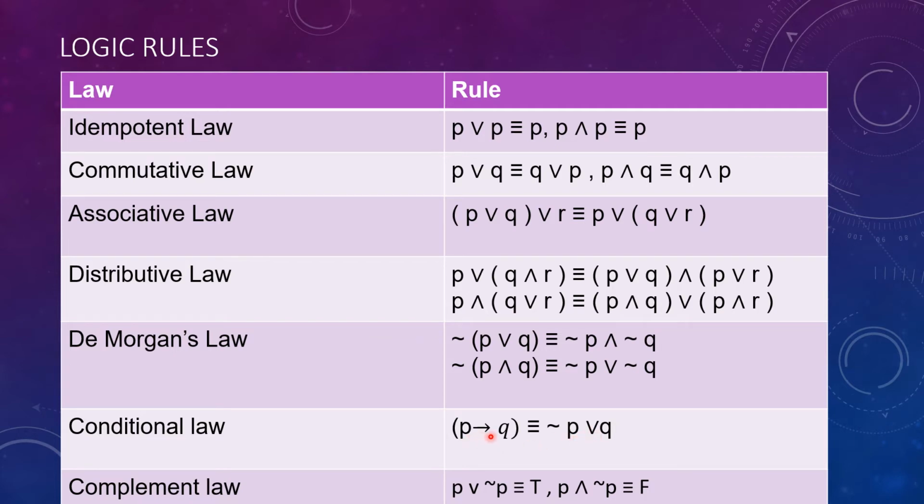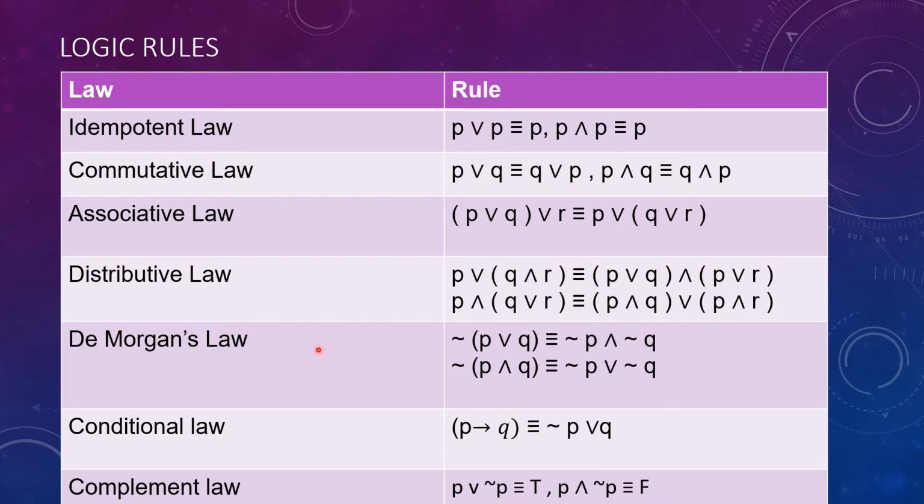You draw the truth table of P implies Q and the truth table of negation P or Q. Both will be identical. So P implies Q can also be written as negation P or Q. So in the exam there can be a question, write the implication statement without using if then. This is the only possible way you have to write.